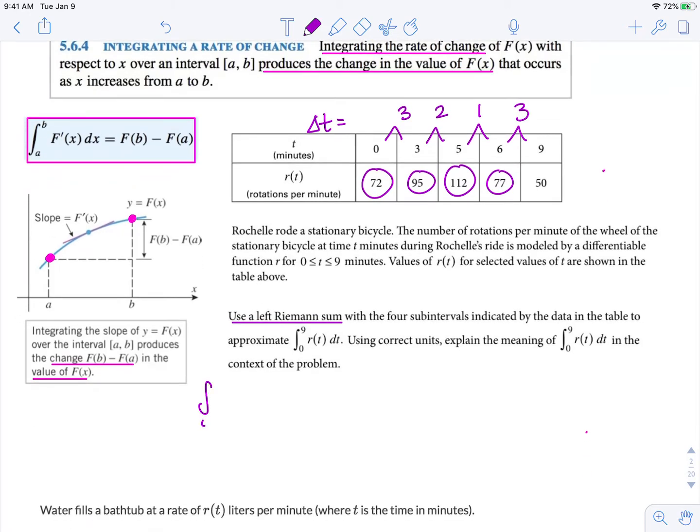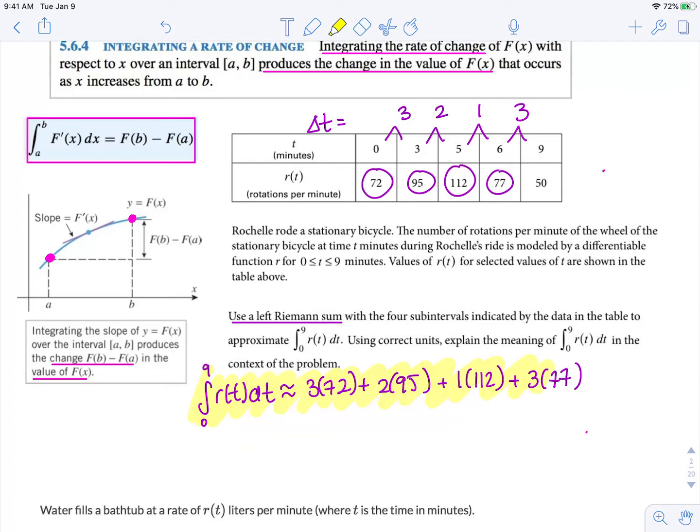So that definite integral from 0 to 9 of r of t dt is approximately 3 times 72 plus 2 times 95 plus 1 times 112 plus 3 times 77. And remember, you do not have to simplify this unless you're going to use it for a future part of a problem. So now, what does that mean in context of the problem?